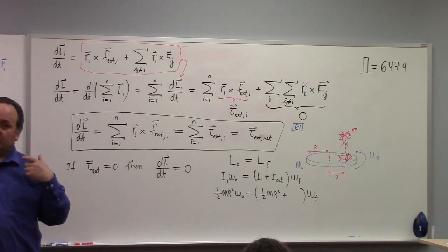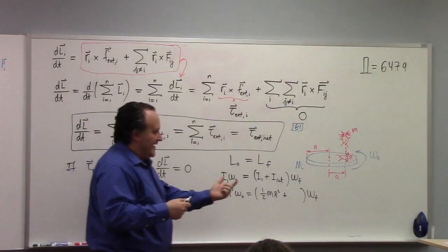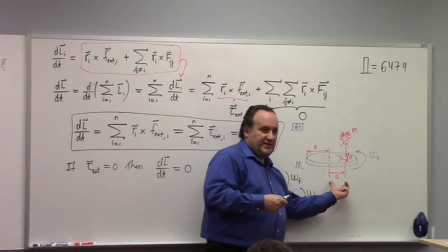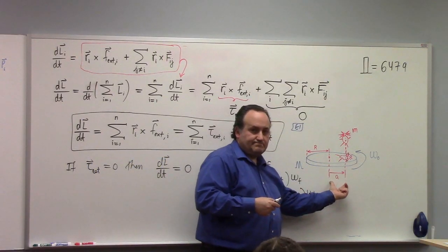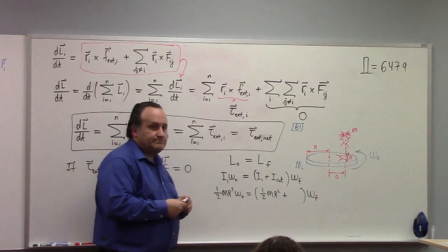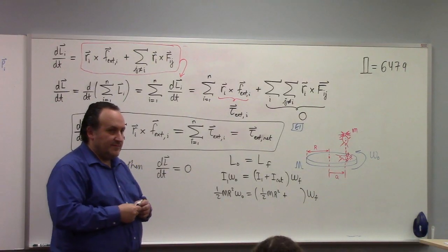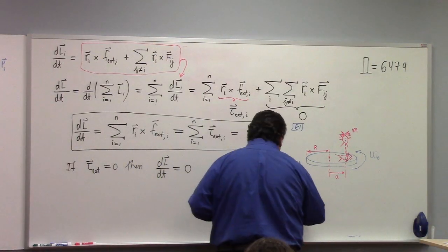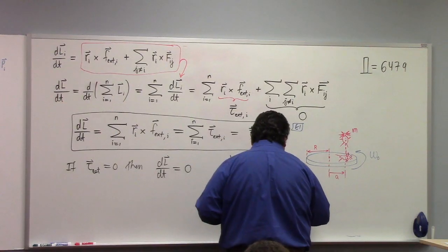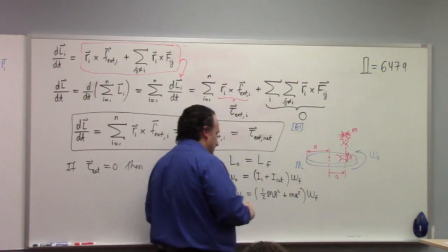So what's the moment of inertia for a point mass, a distance a away from the rotation axis? What is it? Yeah, little m a squared. And there you go.